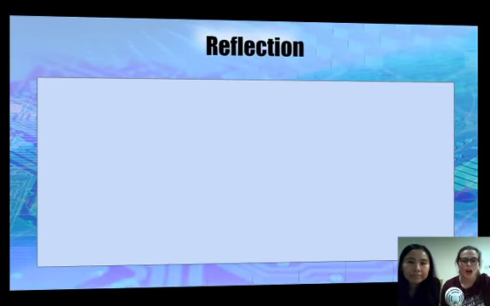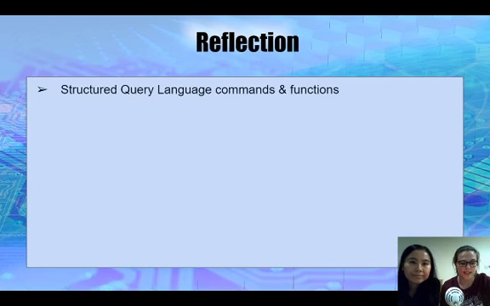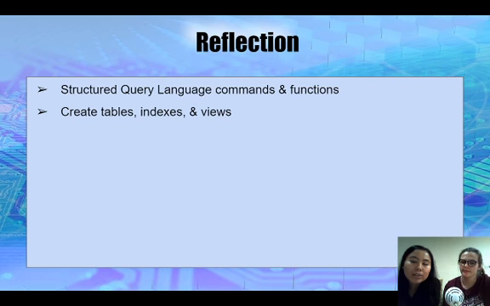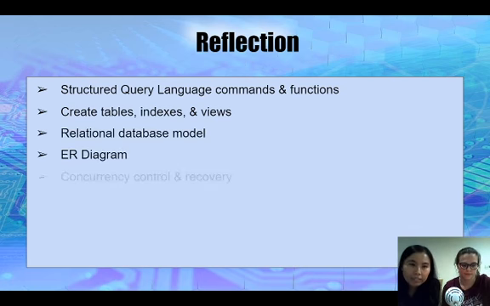Our database systems course has provided us with the basic foundation of reading, modifying, and formulating SQL commands and functions to retrieve data. We were taught how to use SQL to create tables, views, and indexes. We have learned how to read and evaluate a relational database model, as well as understand an entity relationship database model.